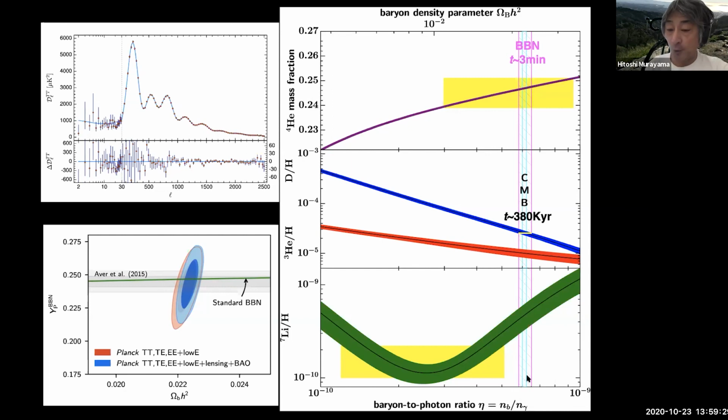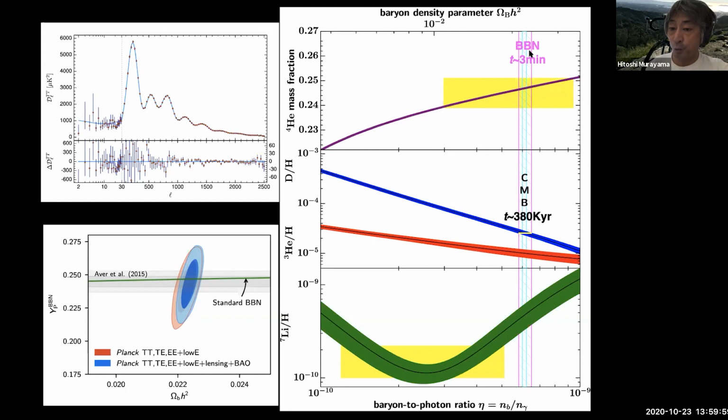There's another way of determining the same number based on this idea called Big Bang nucleosynthesis. That's the idea that when the universe was from about 1 second old to about 3 minutes old... when the universe was only 1 second old, the universe was so hot that there were no atomic nuclei. Protons and neutrons were moving freely from each other because the binding energy of the nucleus was too small compared to the energy of the thermal bath.